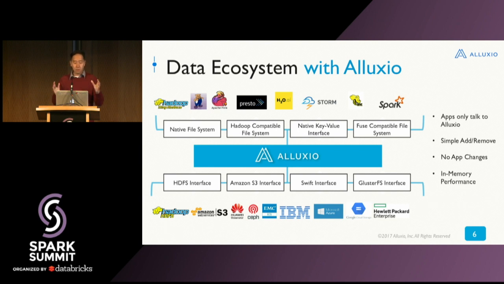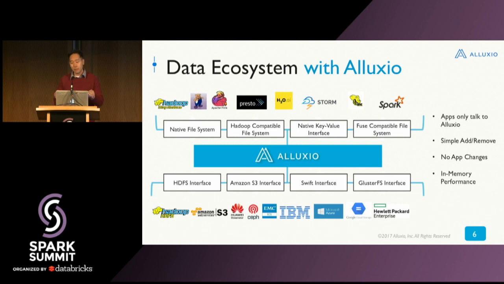And then there's a lot of frameworks and applications on top of Alluxio. And obviously Spark is a big one, but there are also other ones supported, such as MapReduce and Flink and so on. So Alluxio sits in between the storage layer and the computation layer, and by doing this, it can really enable a lot of new things.